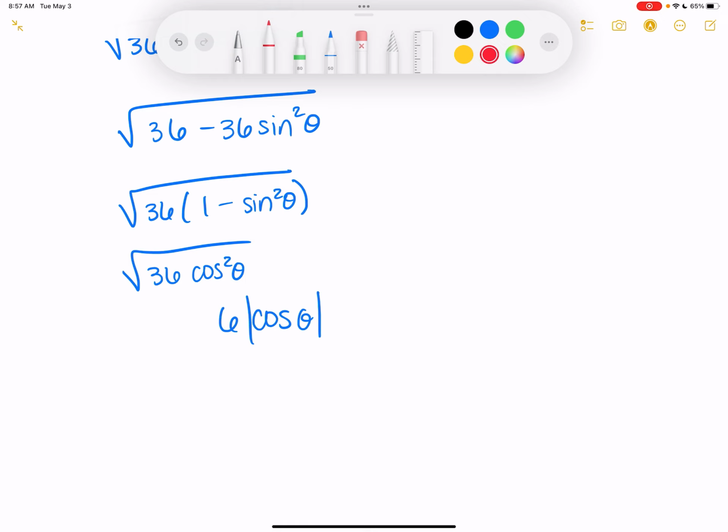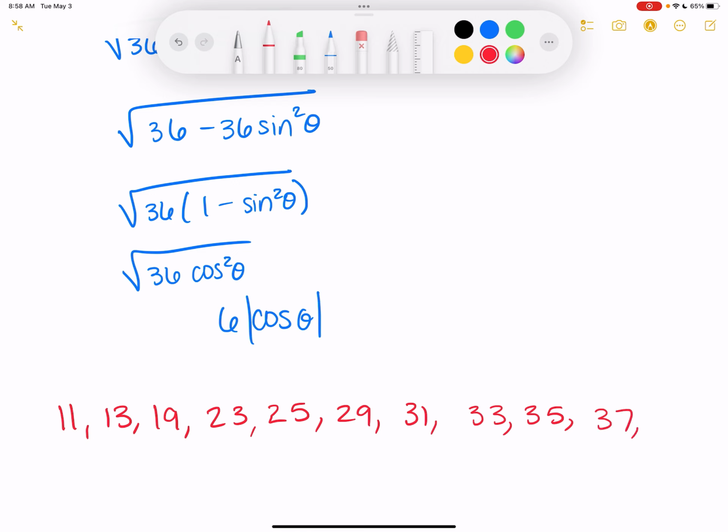Practice makes perfect. So guys, don't forget your book on Thursday. The problems are 11, 13, 19, 23, 25, 29, 31, 33, 35, 37, 39, 47, 49, 69, 71, and 73.